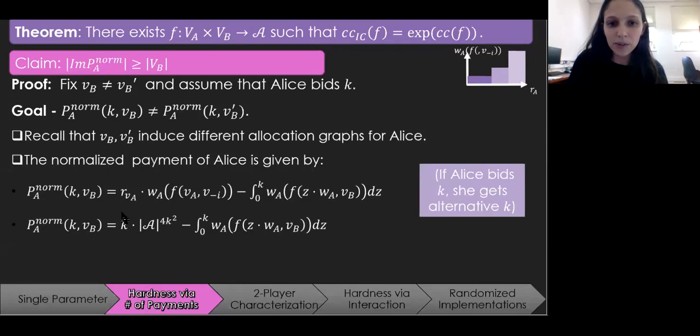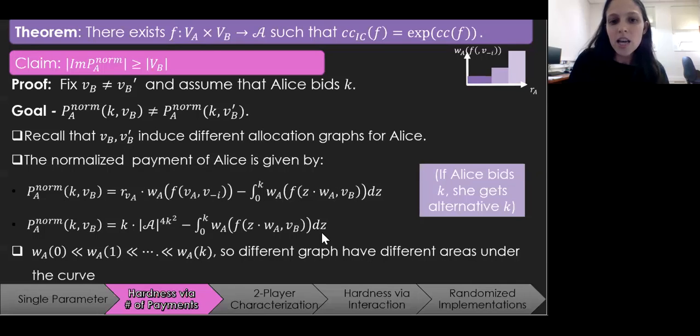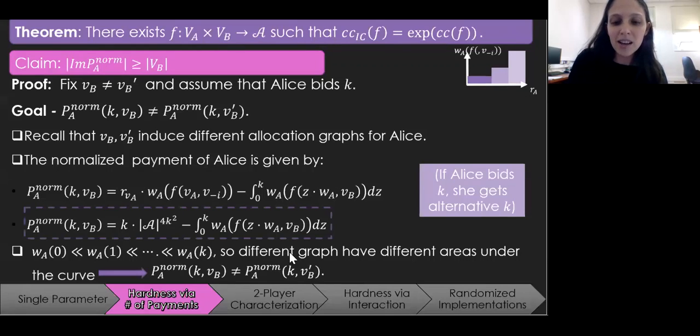Here we put in the scalar, which is equal to k, and the public function, and we get the area under the curve. Observe that we took the public function of k to be increasing fast enough, so different graphs have different areas under the curve, where the first term inside the payment is equal for all the values of Bob. So we get different areas under the curve for different values of Bob, which implies that the payment is different for different values, which completes the proof of the claim.